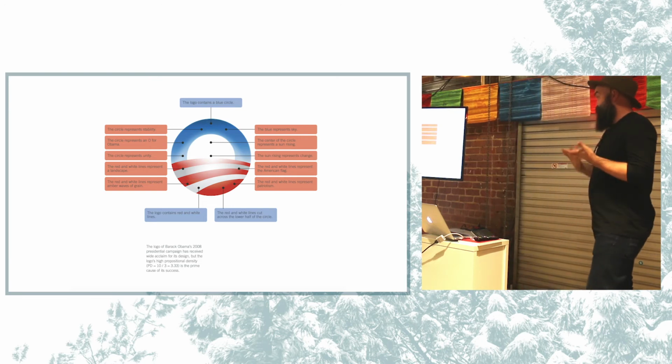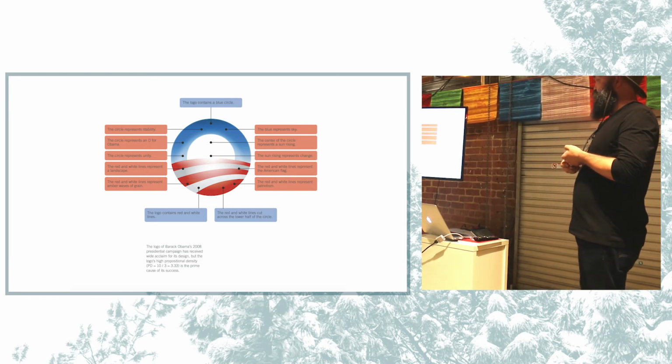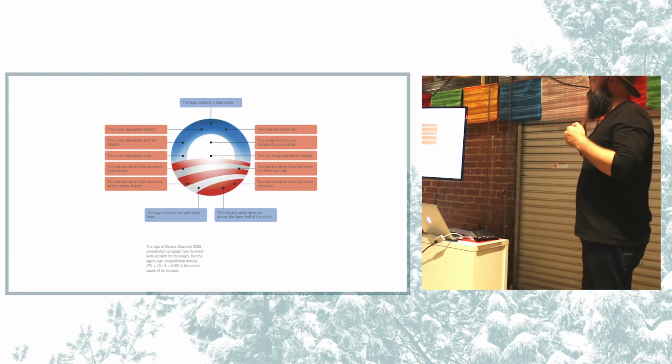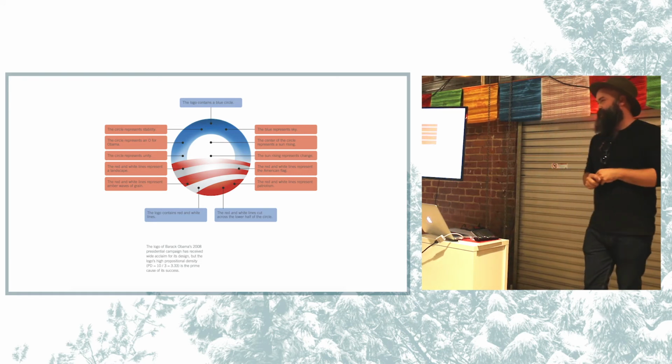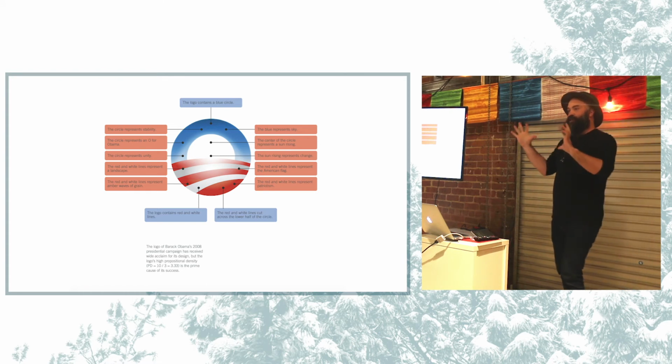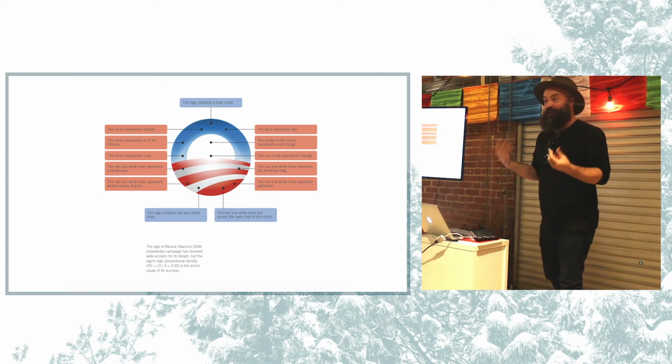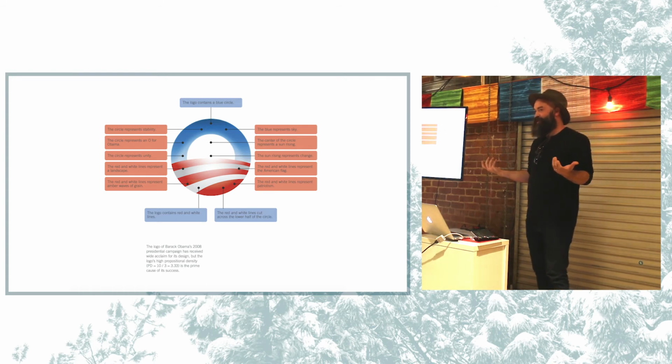They say that a big reason he actually won the election is because there was a high propositional density embedded in this logo. And the idea is people saw this logo and they somehow felt inspired or compelled by it, maybe without even knowing.